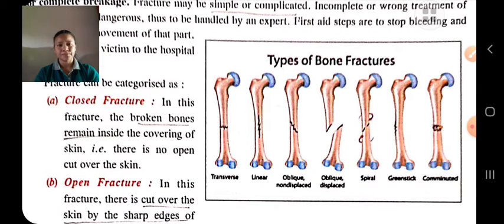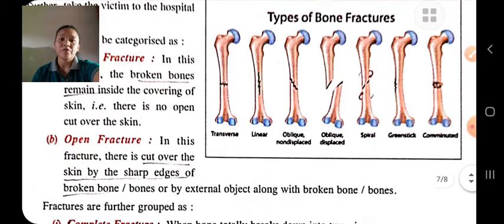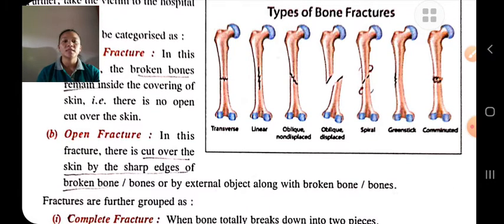In closed fractures, the broken bones remain inside the covering of the skin. There is no cut over the skin.